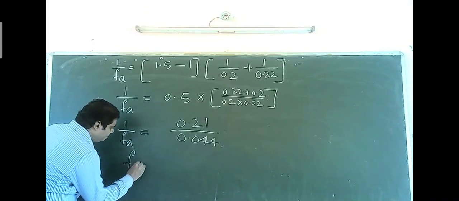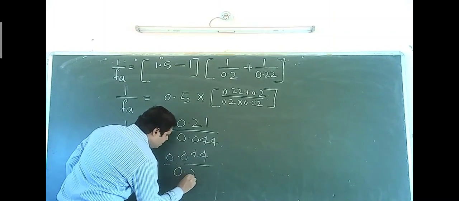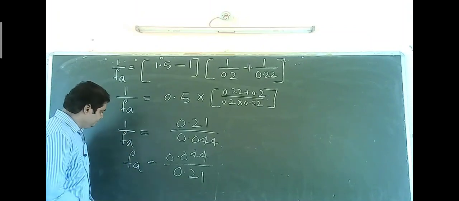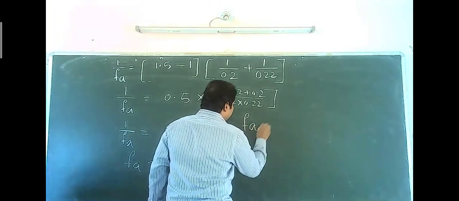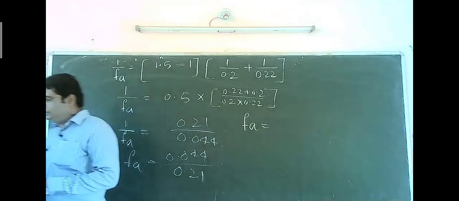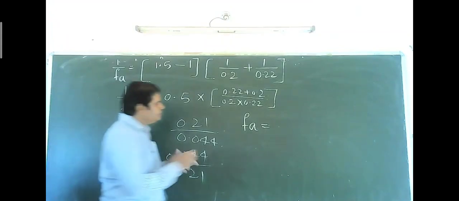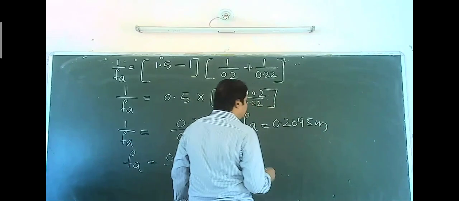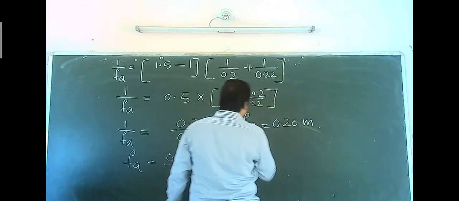Or f in air will be equal to 0.044 divided by 0.21, which is 0.2095 meter, about 0.21 meter.